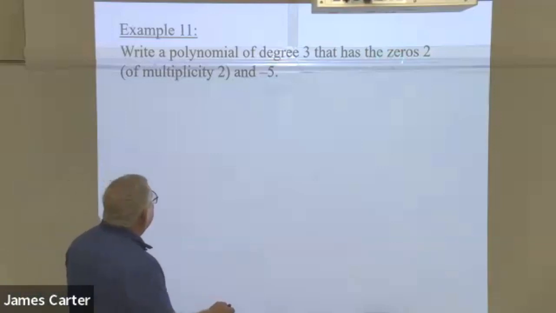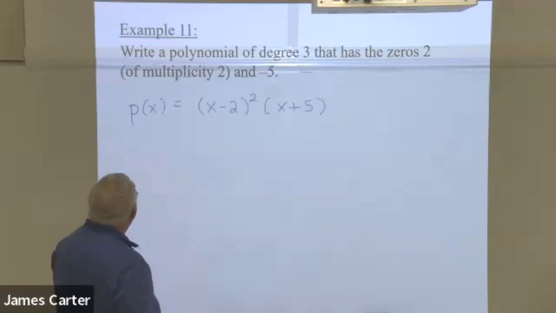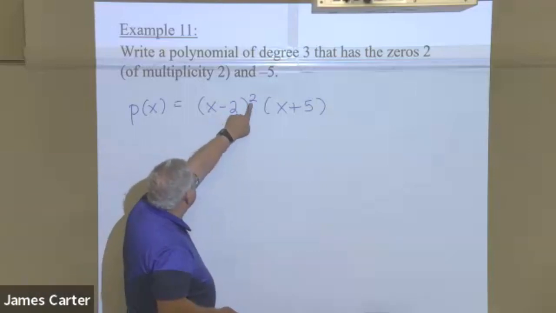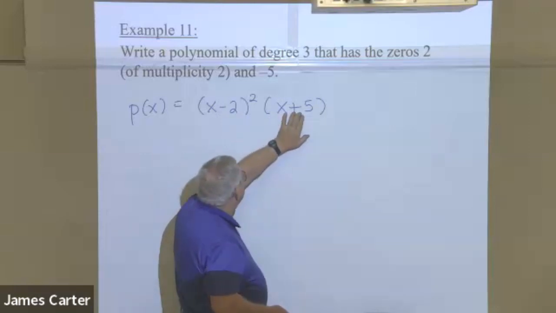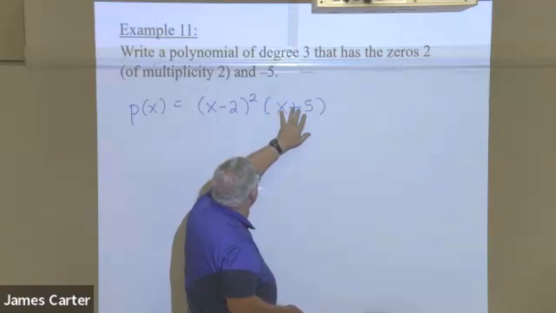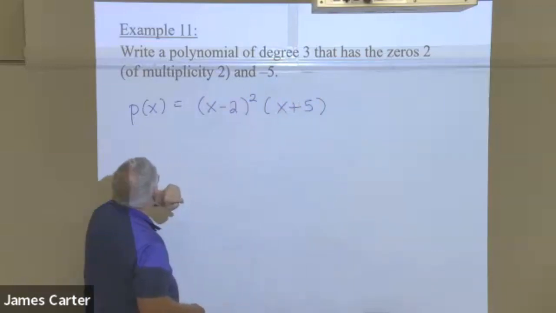In this case, we have zeros of 2 with a multiplicity of 2. We have a third zero of -5. Or in other words, we have x minus 2 to the second degree times x plus 5, or x minus 2 squared times x plus 5 is what this information tells us.